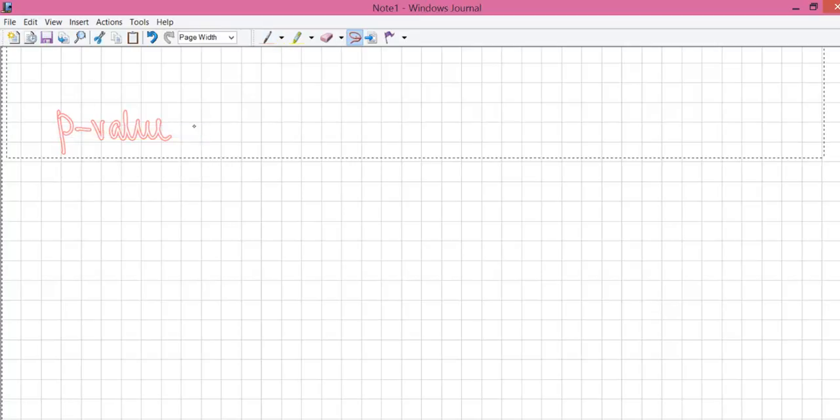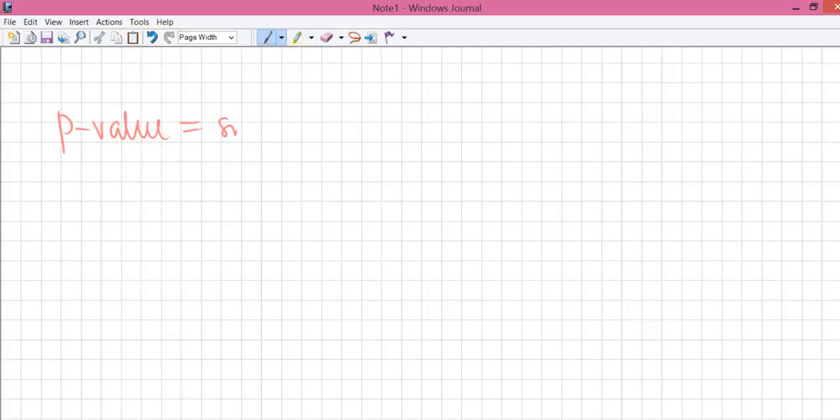Okay, so for hypothesis testing, how do we deal with this? Let's do p-value small, right? P-value is small. What do I mean by that? P-value is small. It's less than alpha level. That means the evidence is strong.